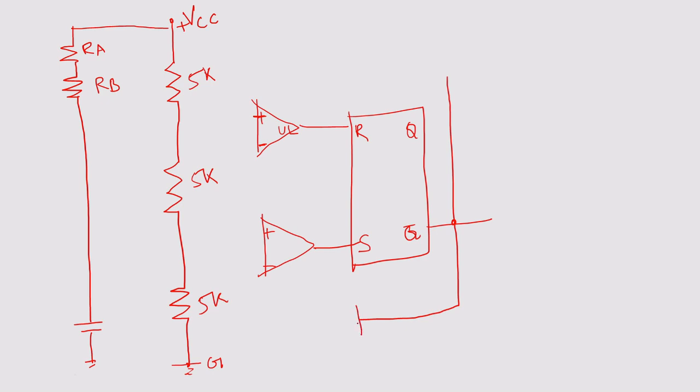From here you connect an NPN transistor, mark the terminals. Here you connect a PNP transistor. Now this emitter terminal can be connected to the ground. Name the transistor Q1, and this is the reset.